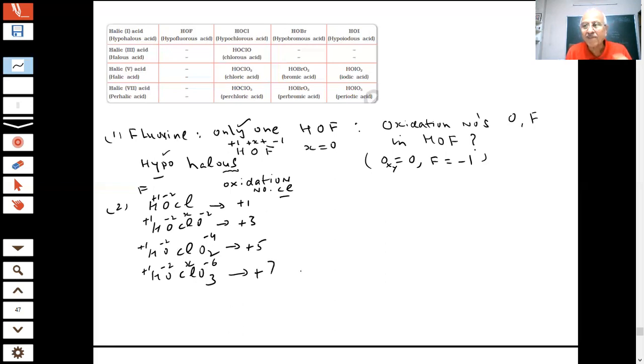They will ask you to find the oxidation number of the halogen in any hypochlorous acid. Here, the students are making big mistakes. They don't know because they have not learned. So this is a lower one. That is why we call it hypochlorous acid. Hypochlorous acid name is clear. +3 is not as low as hypo.